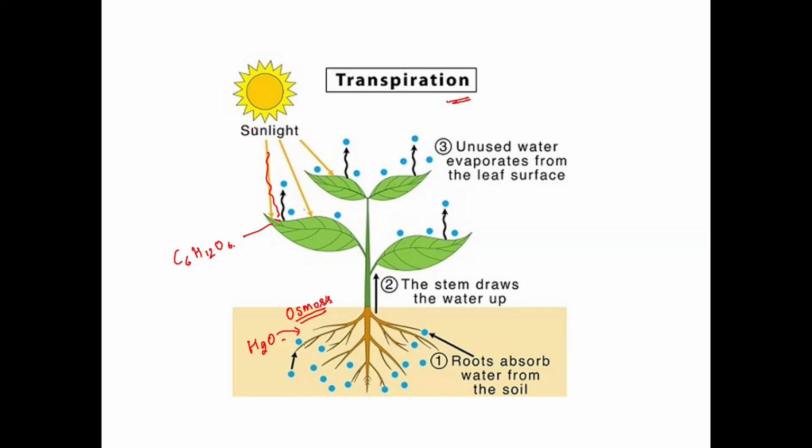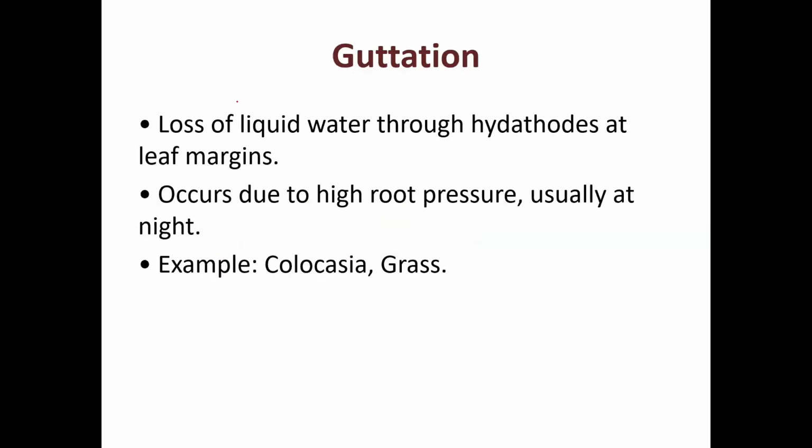So root hair cells absorb water, loaded into xylem vessels, then further transported in the upward direction through the stomata pore. The extra excess water is lost. So unused water evaporates from the leaf surface. The stem draws the water up. Now come to the next.